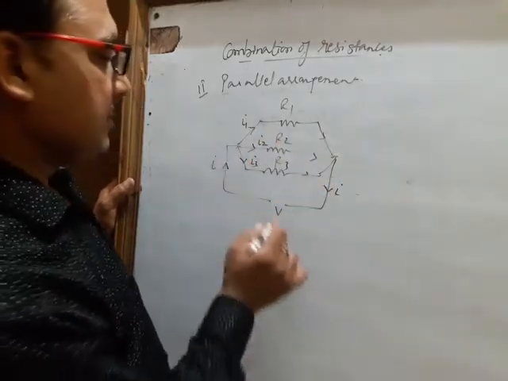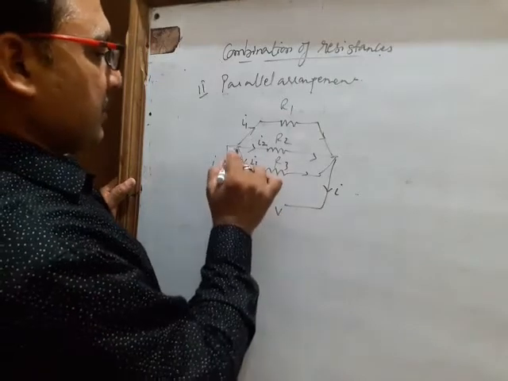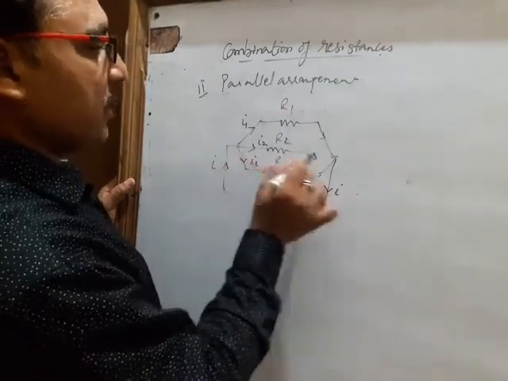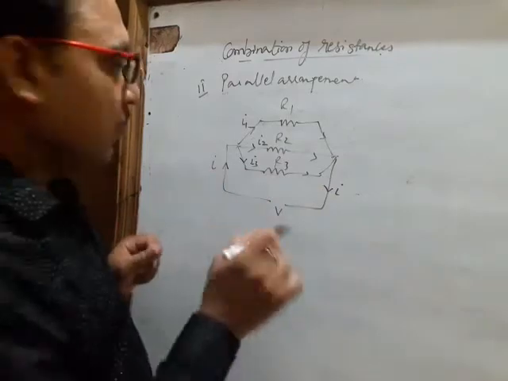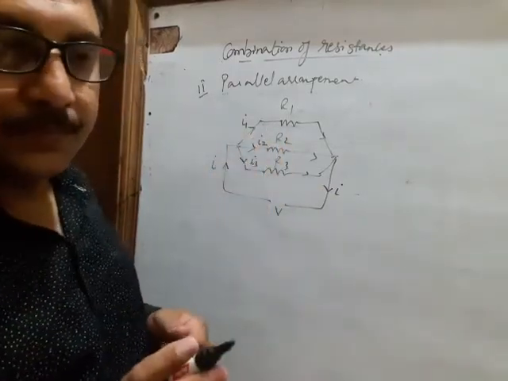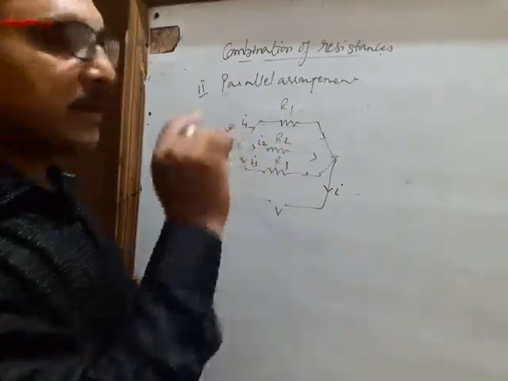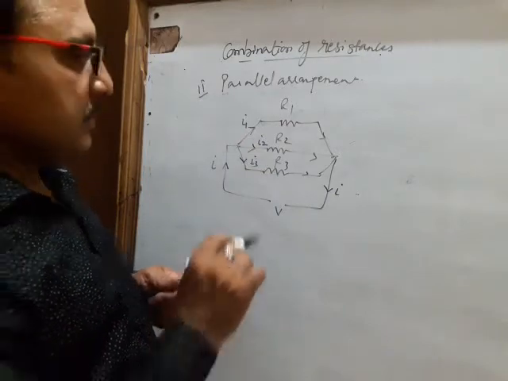The circuit is balanced. The potential difference across each branch will remain the same while the current will differ. This is the important condition in parallel connection.